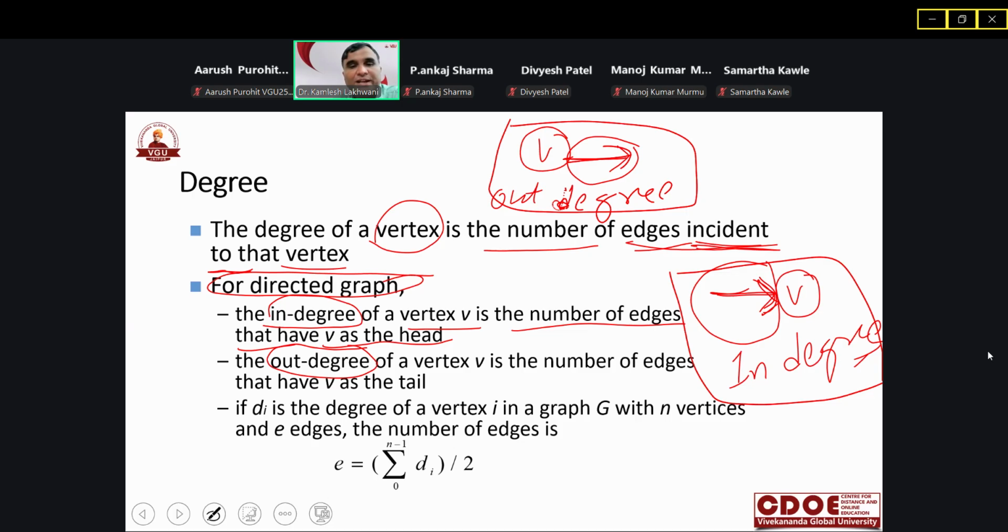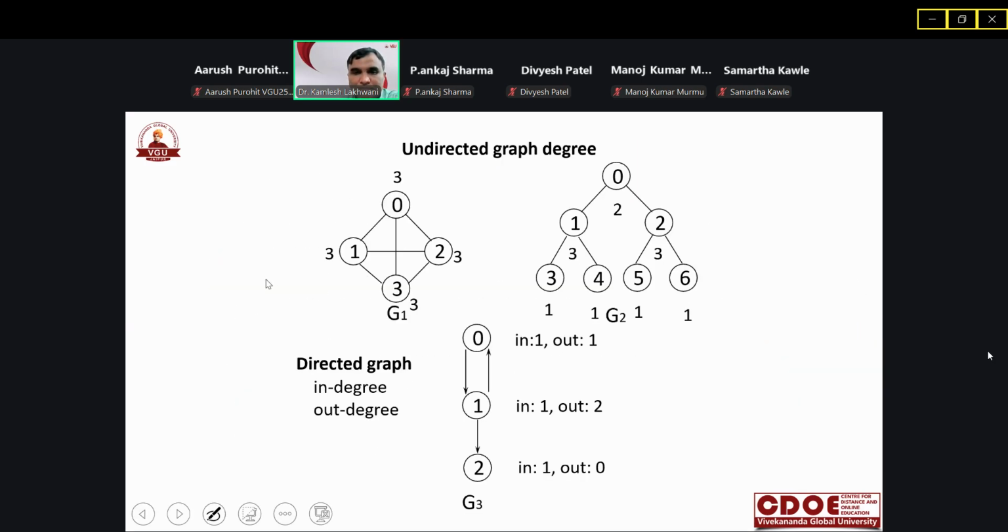So the degree d_i is the degree of a vertex i in a graph G with n vertices and e edges. The number of edges you can calculate with the help of a formula. What is the formula?